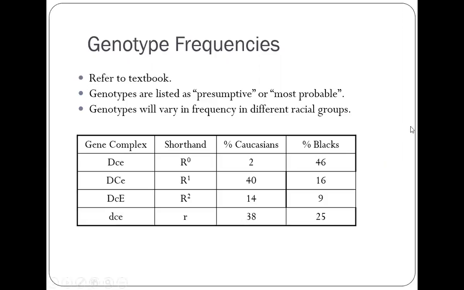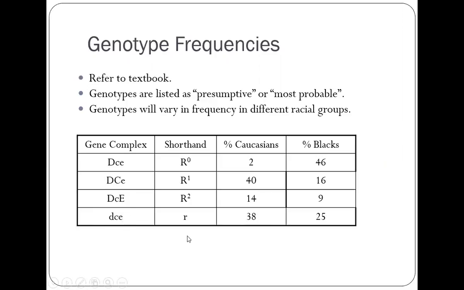Here again is a nice chart that shows Caucasians 40% are R1, followed by 38%, which is little r. So the most inherited haplotype, passed from one parent to another, would be big D, big C, little e, DCe.